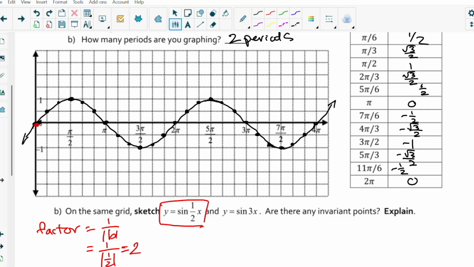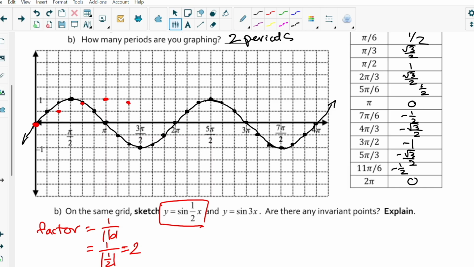Okay, so I start here, and then that's multiplied by 2. This one's multiplied by 2. Okay, this one's multiplied by 2. This one is multiplied by 2, so it's over here. This one is multiplied by 2, so it's over here.